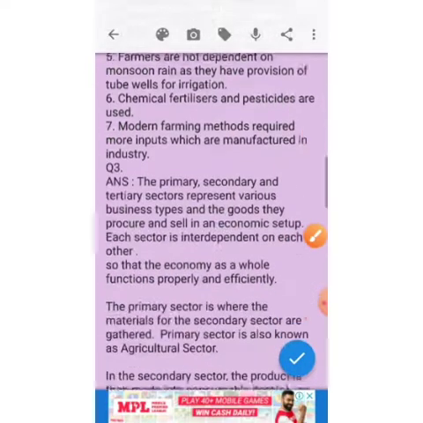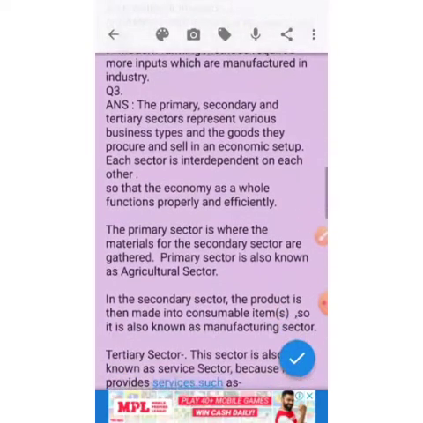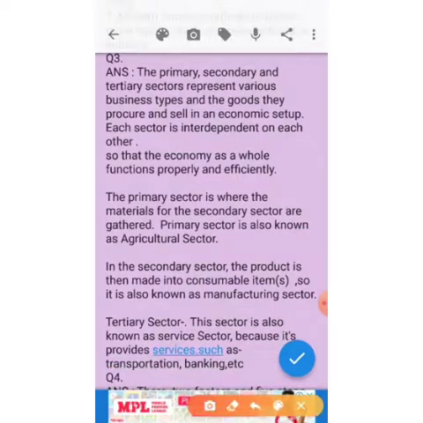Our next question is differentiate among primary, secondary and tertiary sector. So let's start. Primary, secondary and tertiary sectors represent various business types and the goods they procure and sell in an economic setup. Each sector is interdependent on each other so that the economy as a whole functions properly and efficiently.